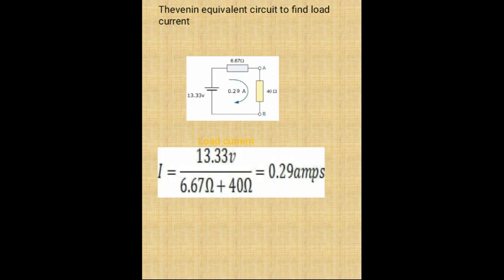So now applying KCL, KVL, the value of current I is equal to 13.33 volt upon total series resistance, 6.67 ohm plus 40 ohm. So the current is 0.29 ampere in the branch of 40 ohm resistance.